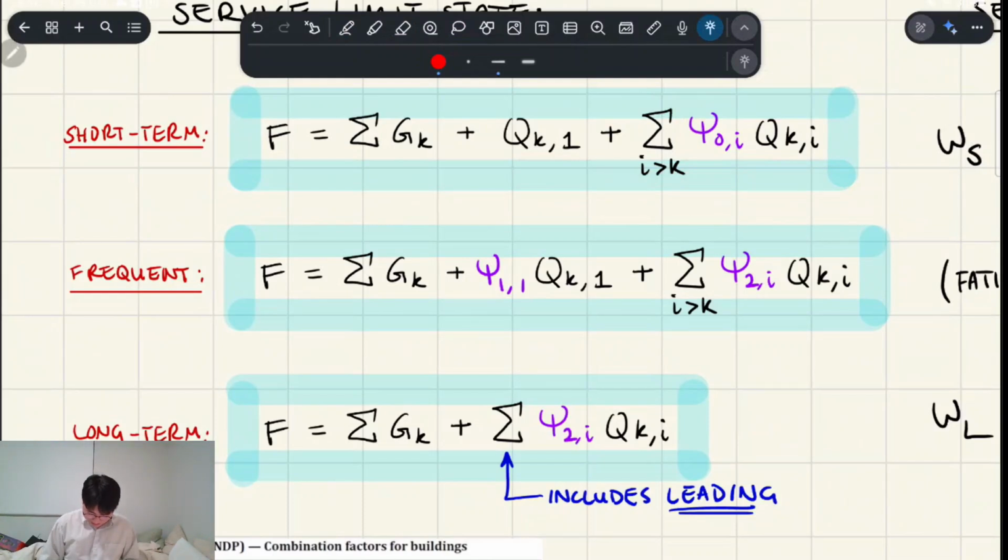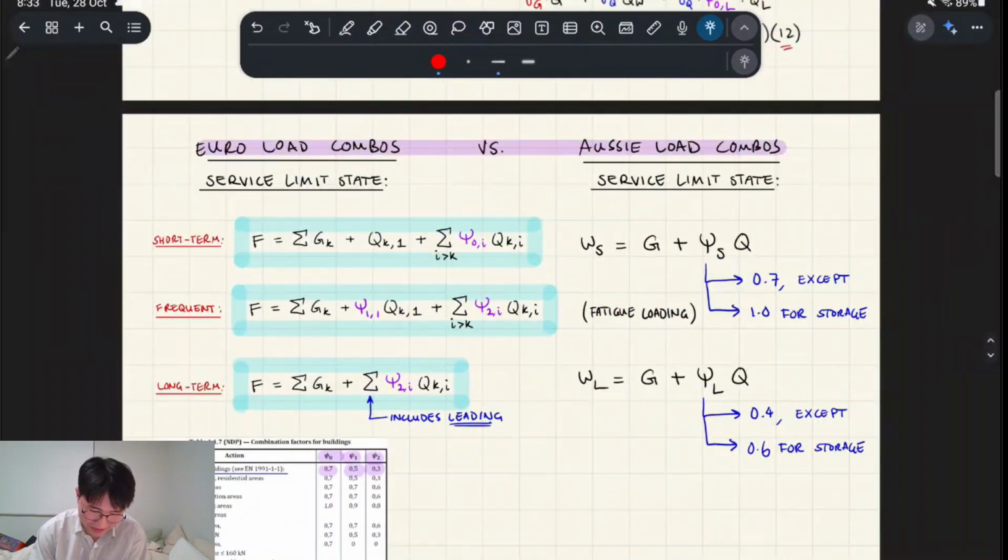But why I'm saying this is because in the long-term case you have to be really careful, because in the long-term case you apply your combination factor. The long-term combination factor, so that 2 means long-term, right? You apply the long-term combination factor to the leading case as well, right?